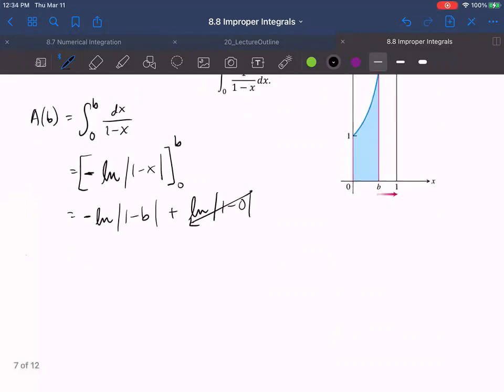And now we need to do our limit as b goes to 1 from the minus side. And when we do that, what happens here? We end up with what? We end up with the natural log of 0. And what is that?